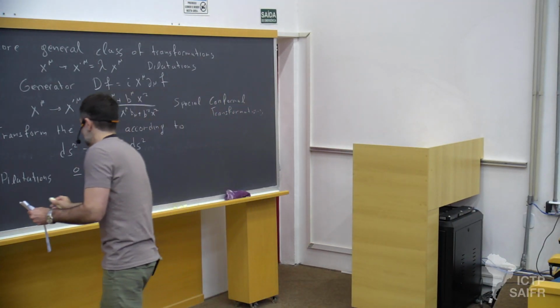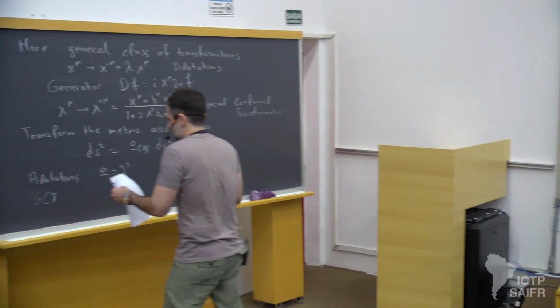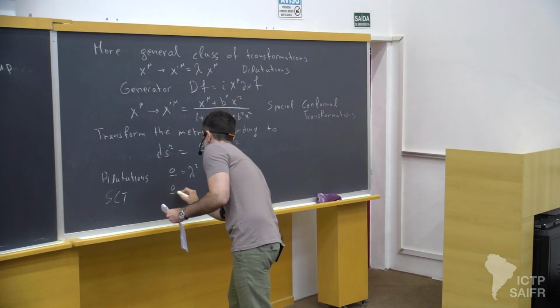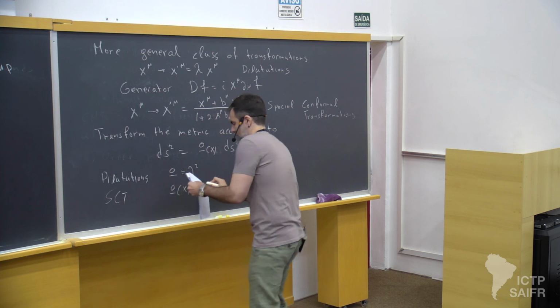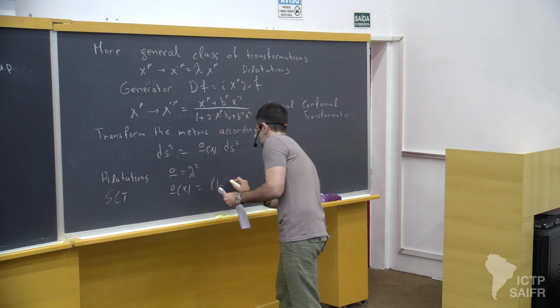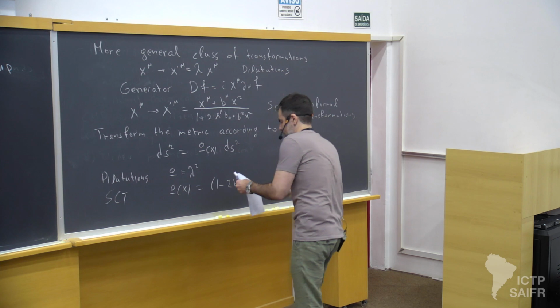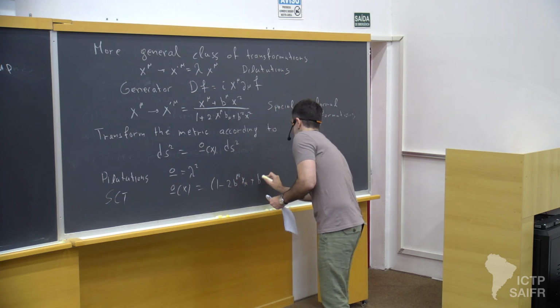It's not magic. For special conformal transformations, this factor Ω will be slightly more naughty. It will be 1 minus 2 b·x plus b² x².